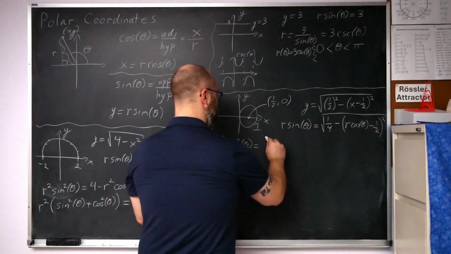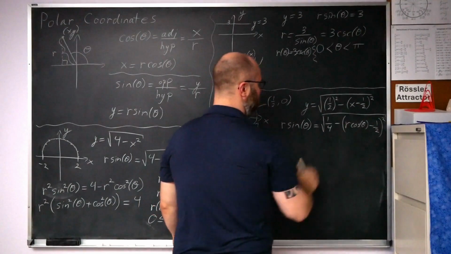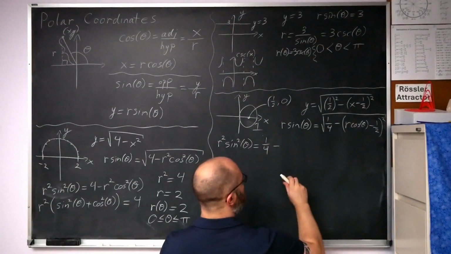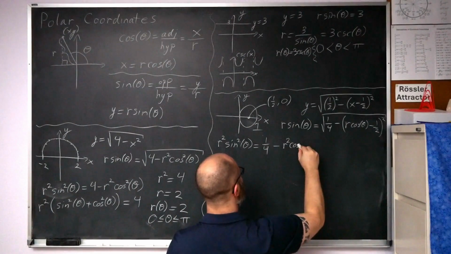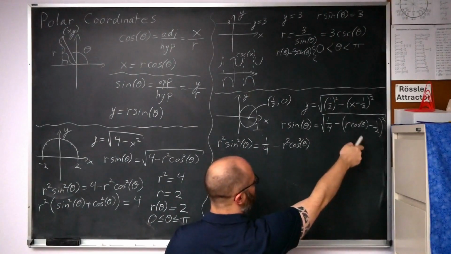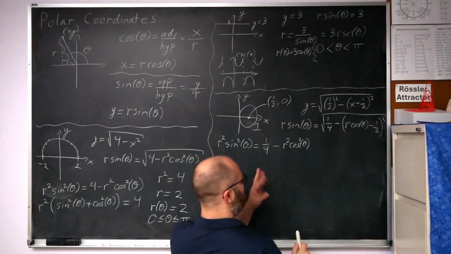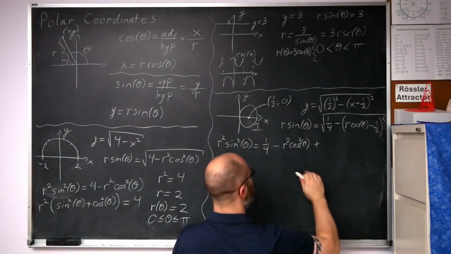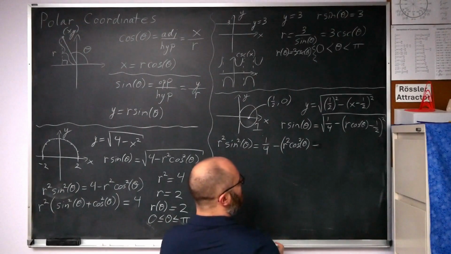So I've got 1/4 minus, and I'm also going to multiply this out right now. So the first term is r squared cosine squared theta. Then I've got the middle one, so I've got a negative 1/2 times r cosine, and then the FOIL, we get 2 of them, and it's a minus minus, so it's a plus. So minus r cosine theta.